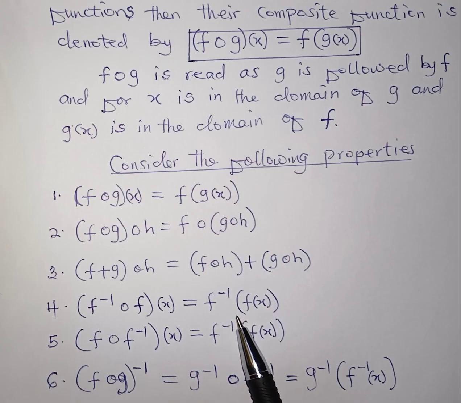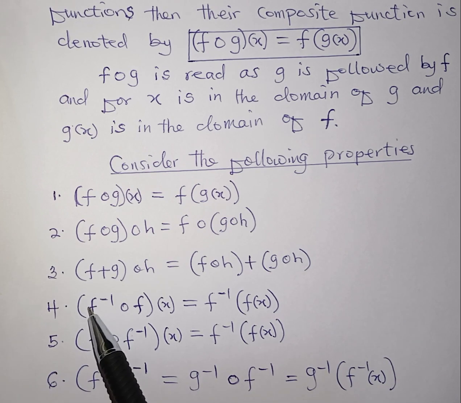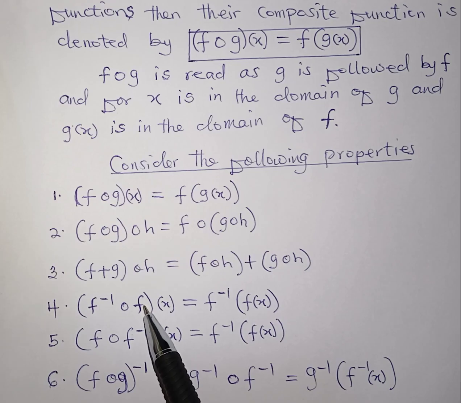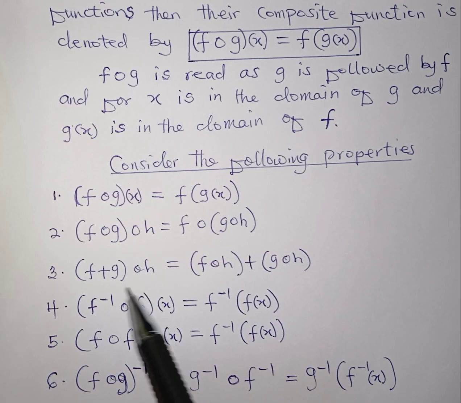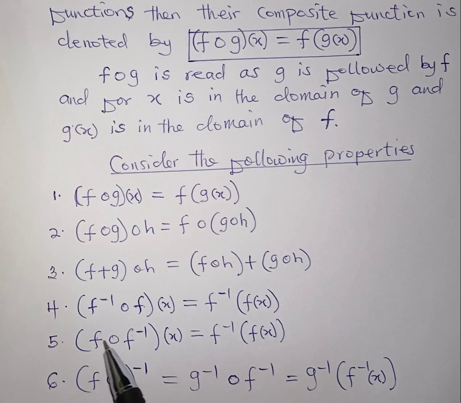Okay, yes. But before I move to property 6, looking at this, the function is followed by its inverse, and this is how we are going to calculate it. But when you come to the 5, you realize that the inverse is rather followed by its function.